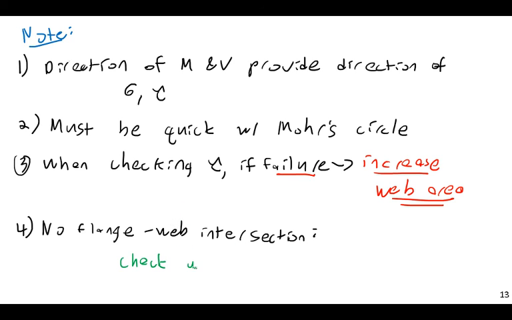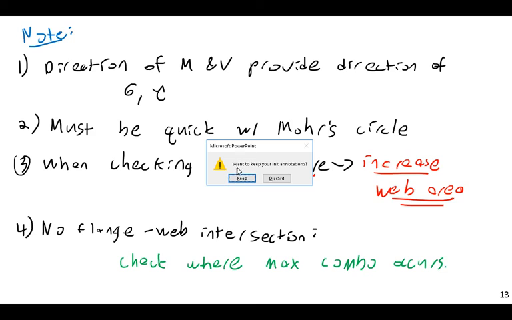Go to the shear and bending moment diagram, select the location where the max combo occurs, and check it at two points: at the outermost fiber and at the neutral axis. And that concludes a brief lecture on beam design.